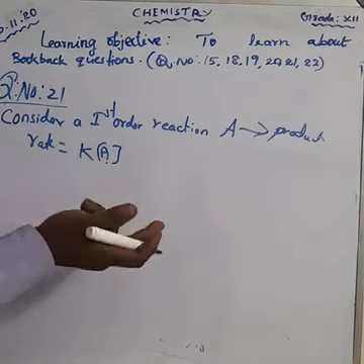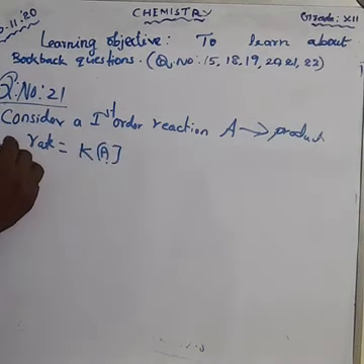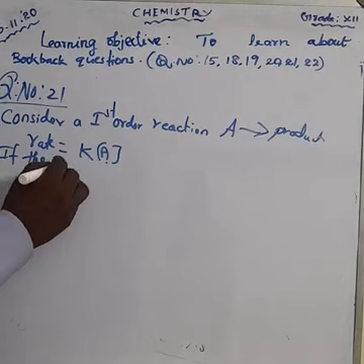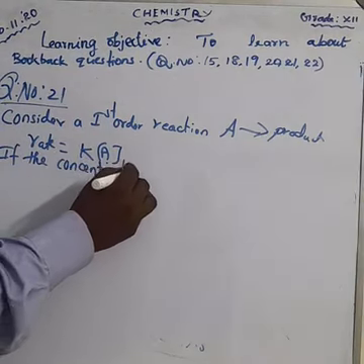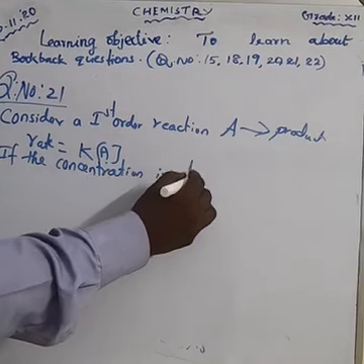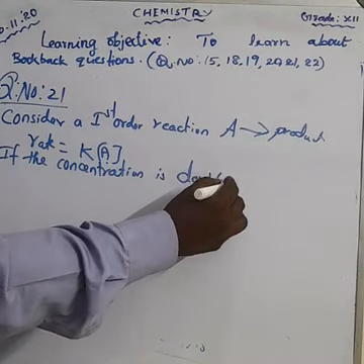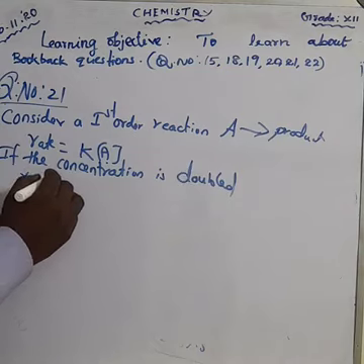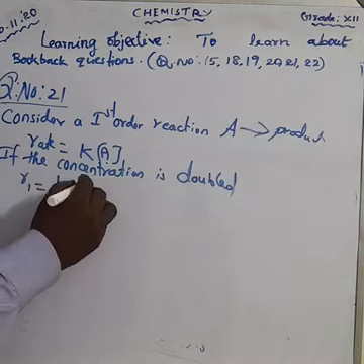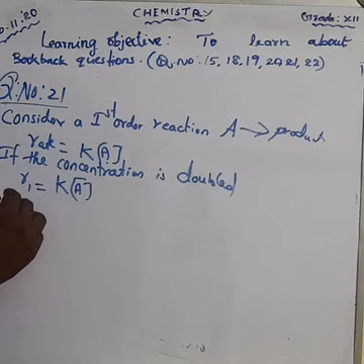If the concentration is doubled, that is R1 is equal to K into A. So what is R2?